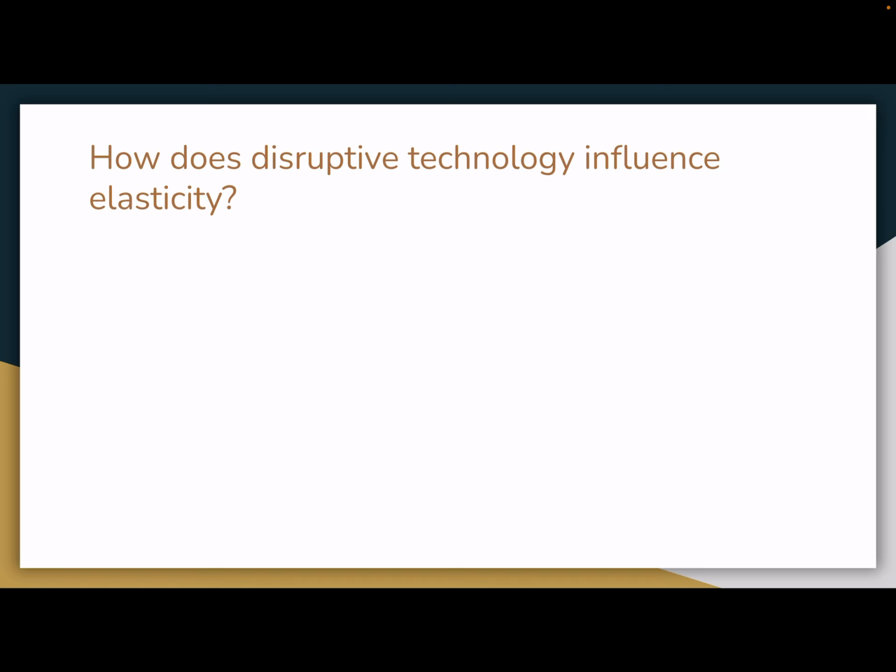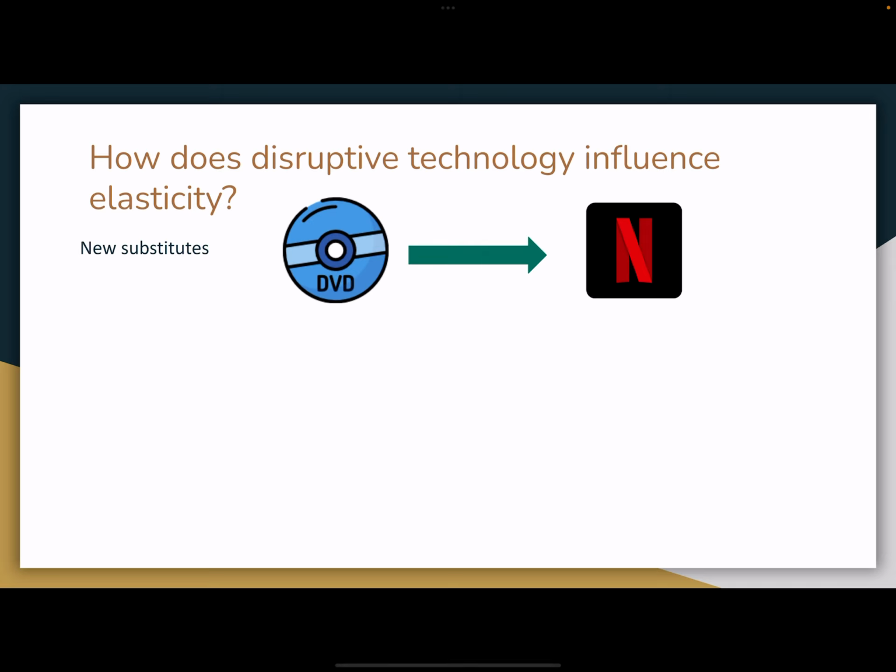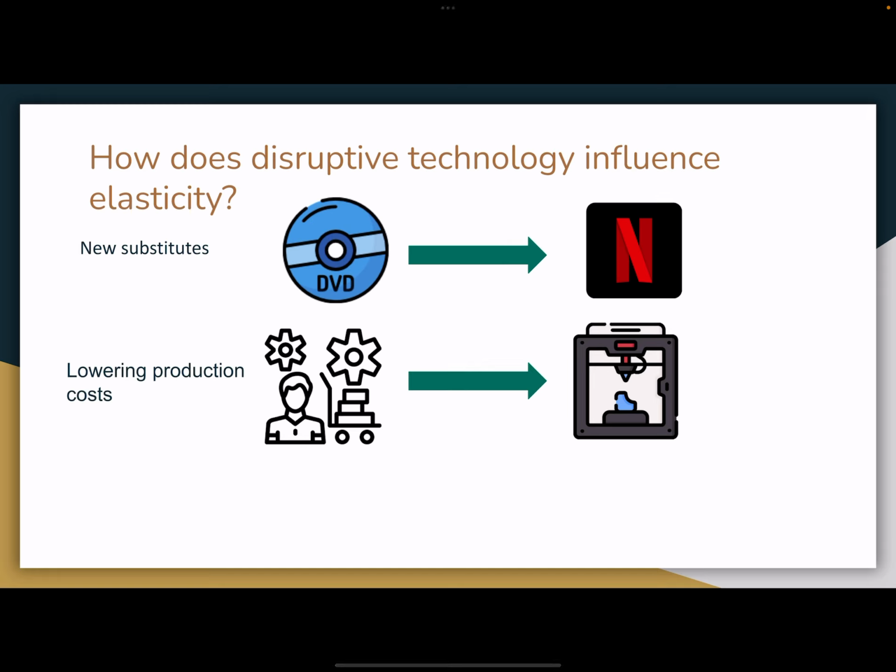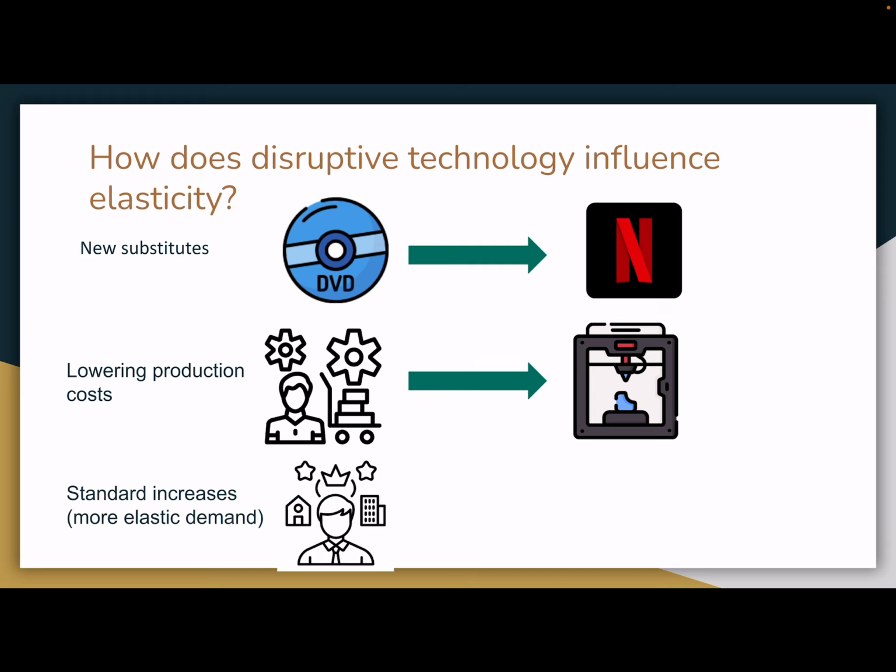For example, due to the invention of Netflix and YouTube, demand for DVDs became more elastic because new substitutes became available. The invention of 3D printing has lowered production cost, which made supply more elastic. Overall, disruptive technology raises consumer expectations since they can easily switch to substitutes, and that makes demand more elastic, and engineers must keep up with these trends.